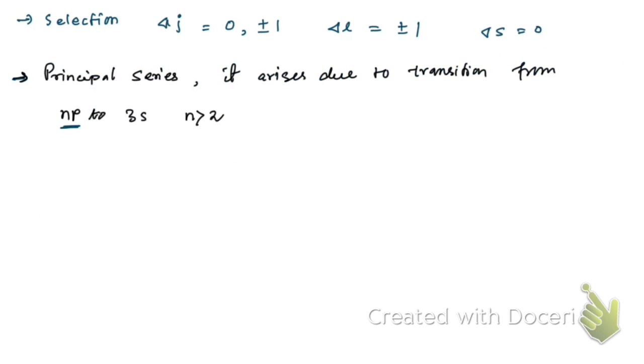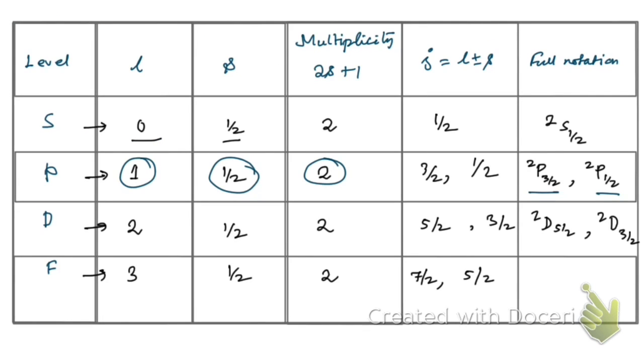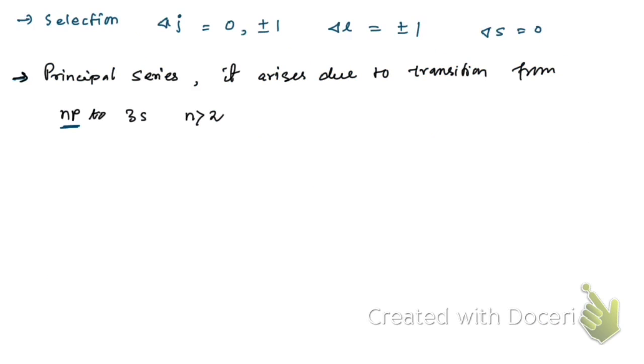So for the s orbital L is 0, small s is half, multiplicity is 2, and j equal to L plus minus s, that's half, and so here we have got 2s half. So that means we can say that transition takes place from NP to 3s.